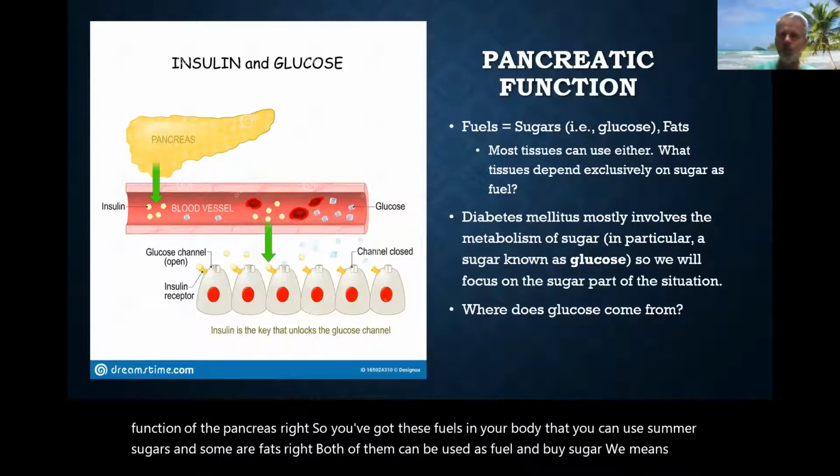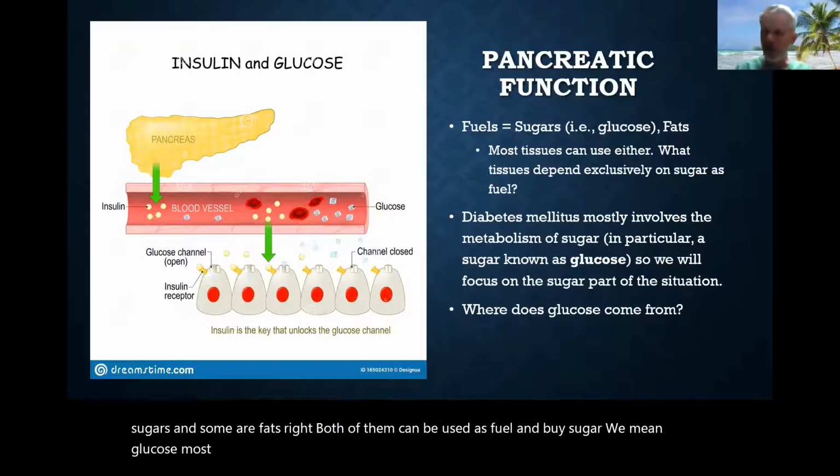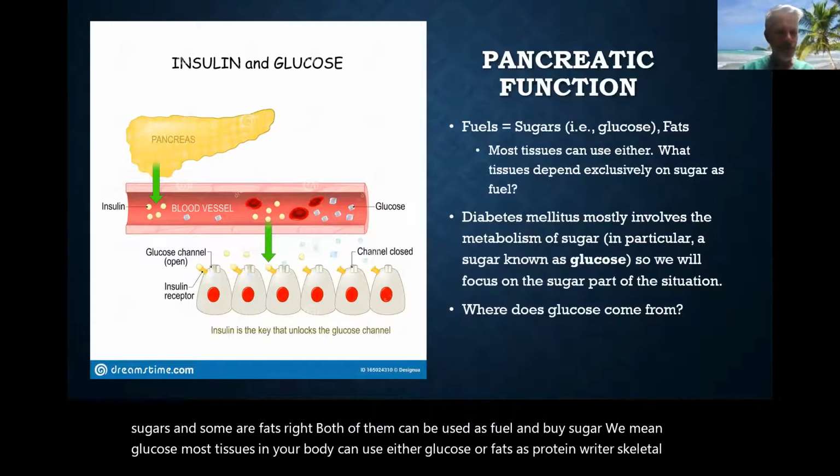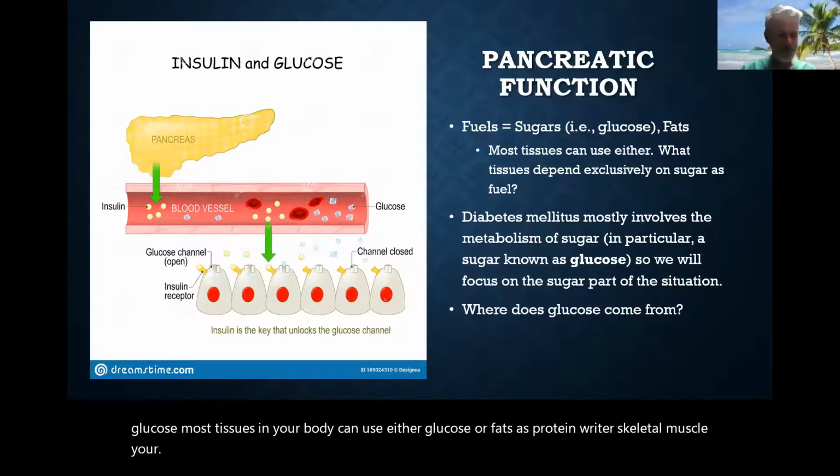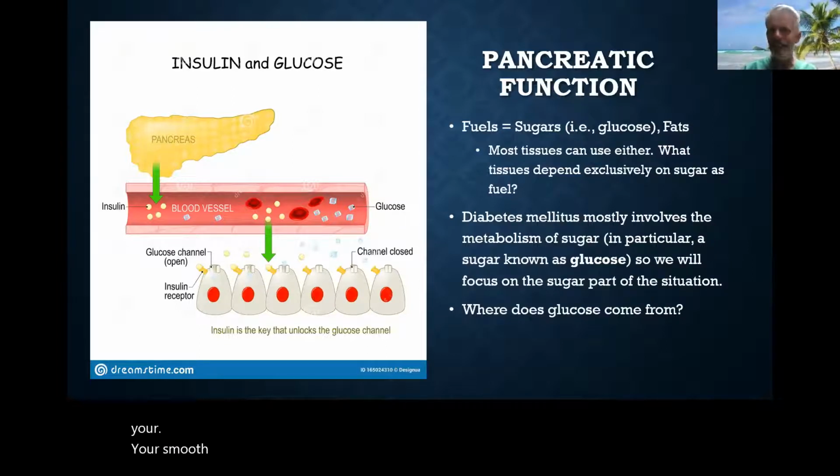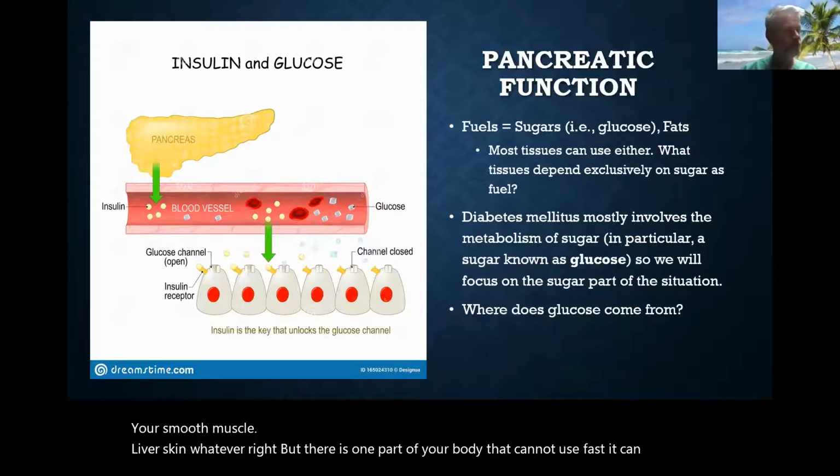Most tissues in your body can use either glucose or fats as fuel, right? Your skeletal muscle, your smooth muscle, liver, skin, whatever, right? But there is one part of your body that cannot use fats. It can only use glucose.